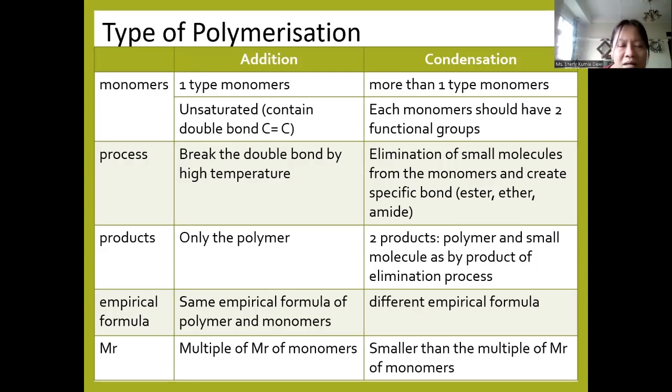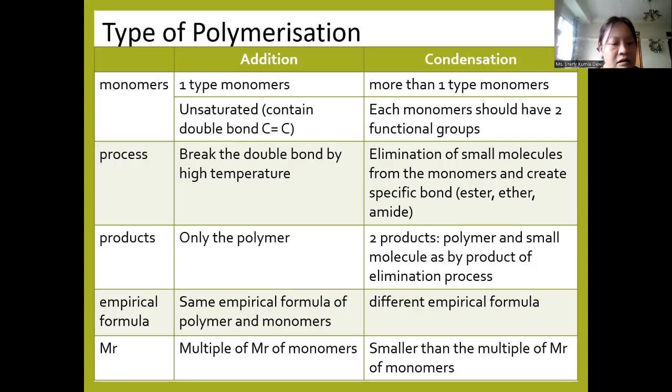Okay. The empirical formula of an addition polymer is the same as the empirical formula of the monomer, times the amount of n, how many are repeated. And in condensation, because there is elimination of small molecules, the empirical formula will be different from the constituent monomer.